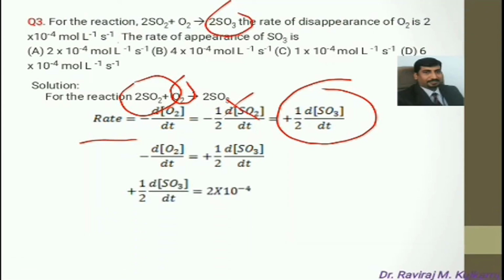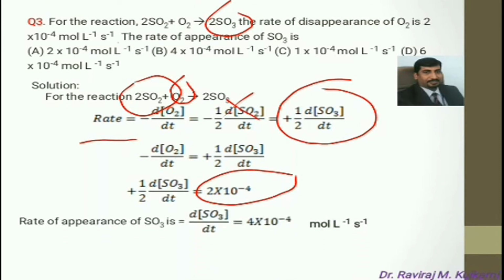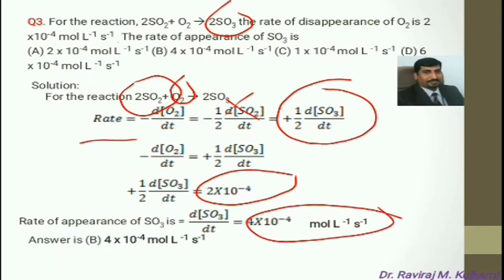So plus 1 by 2 dSO3 by dt is equal to 2 into 10 raised to minus 4 mole per liter per second. Taking the 1 by 2 to the other side, it becomes 4 into 10 raised to minus 4 mole per liter per second. What is the answer? Answer B, 4 into 10 raised to minus 4 mole per liter per second.